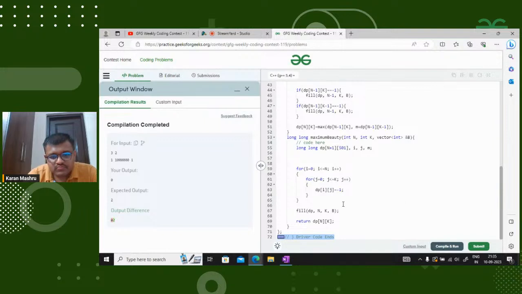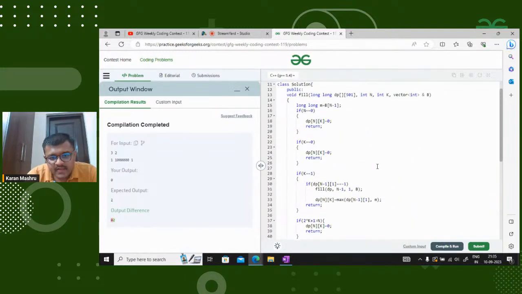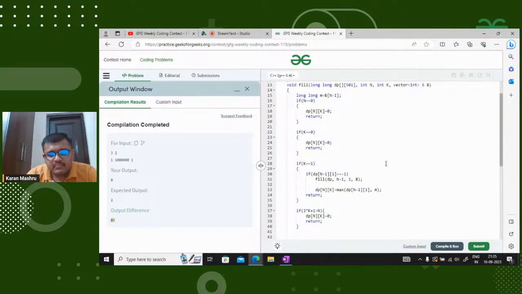If k equals 1, if dp of n minus 1, 1 equals minus 1, then fill it. Otherwise, take the maximum value from the other options.